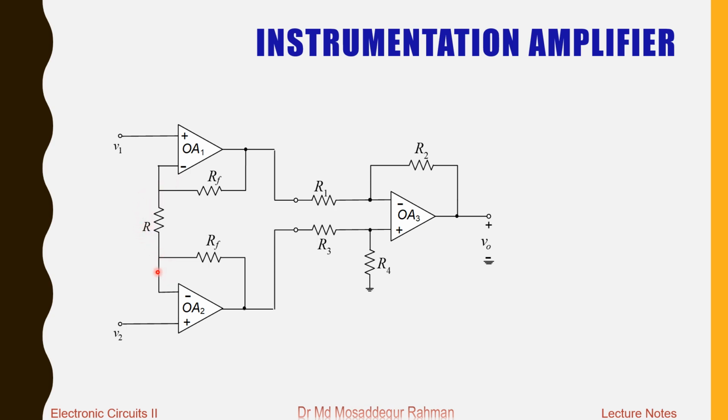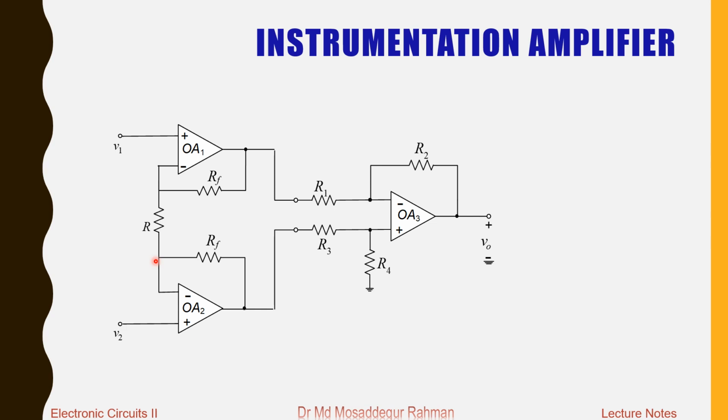This is a little different from our well-known non-inverting amplifier configurations. Op amp 1 and op amp 2 are not exactly the non-inverting amplifiers we know, because R here is not grounded, and one piece of R connects these two terminals.